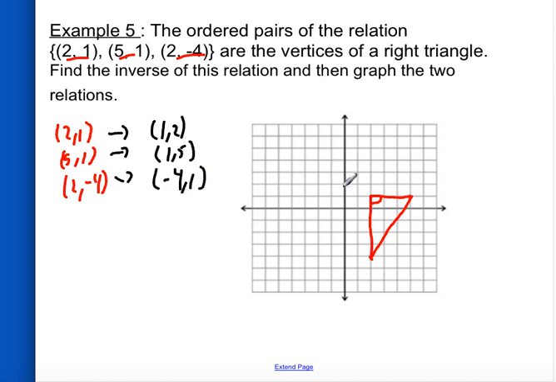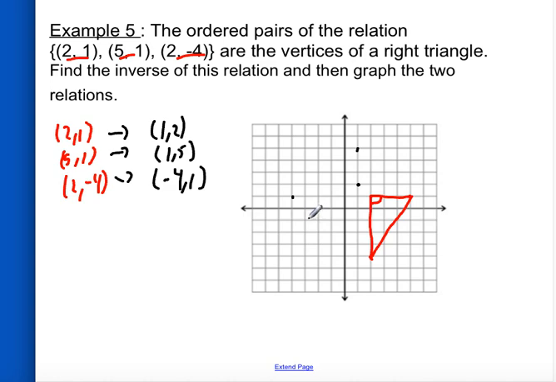So now we're just going to graph those. So I've got 1 and up 2, I've got 1, 5, and then I've got negative 4. Again, I can just graph those out.